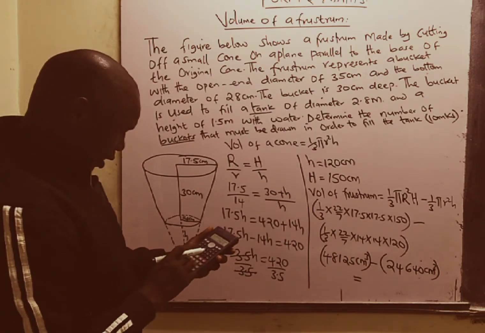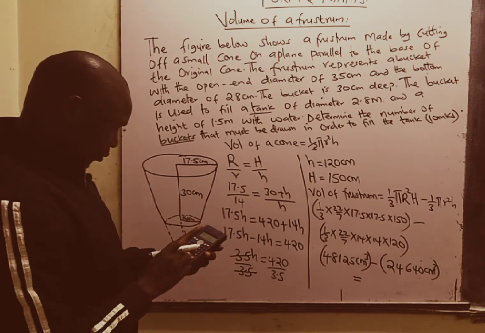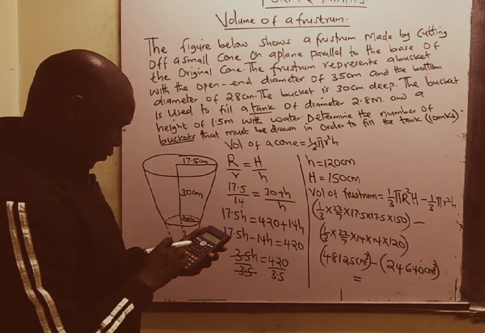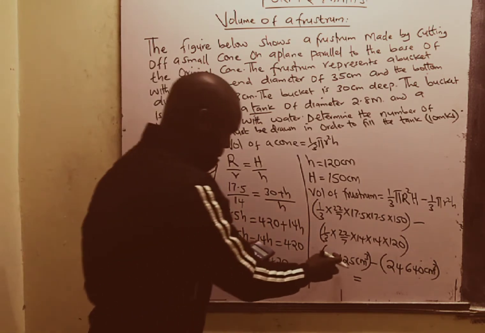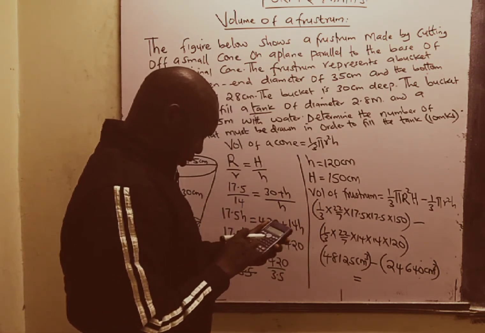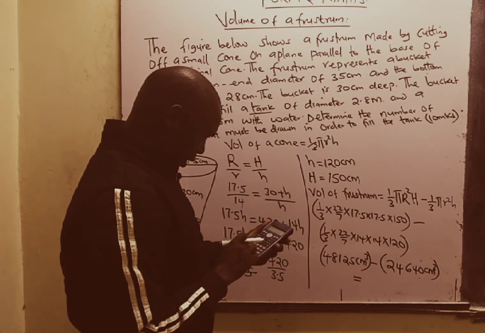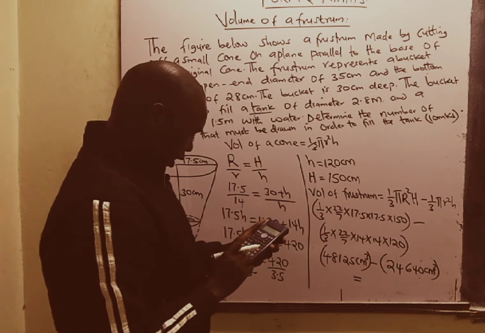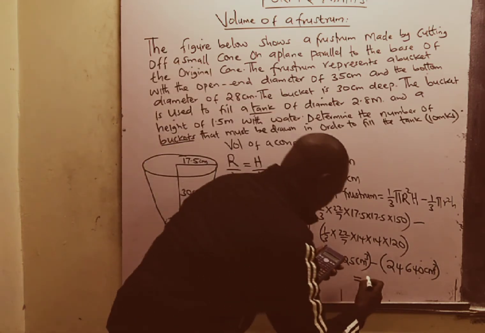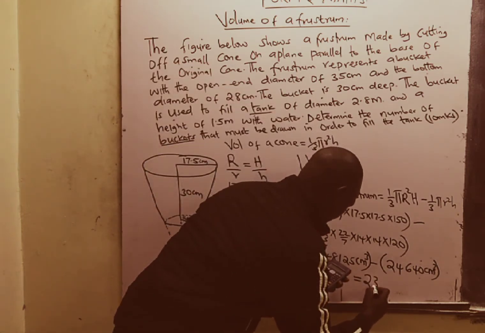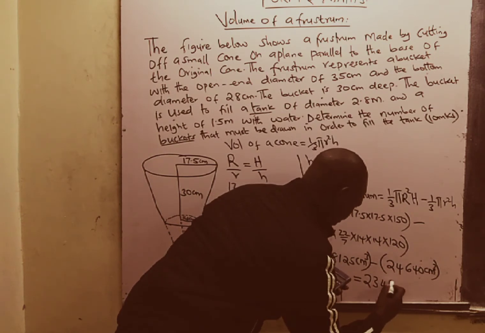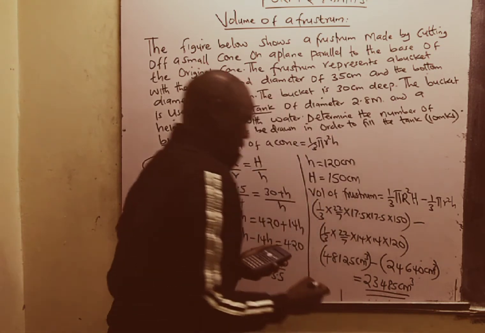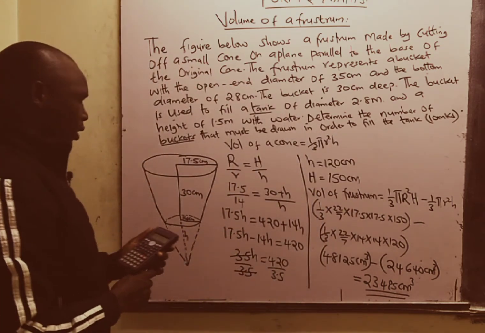In this case we take 48,125 minus 24,640, and the answer we get is 23,485 centimeter cubic. That is our what? The volume of the frustrum.